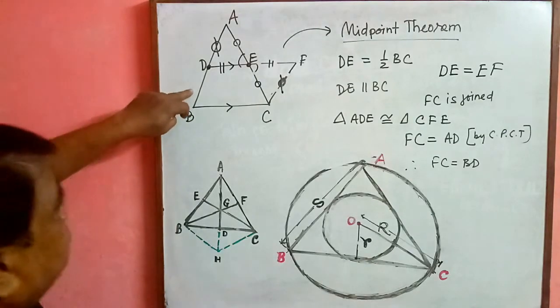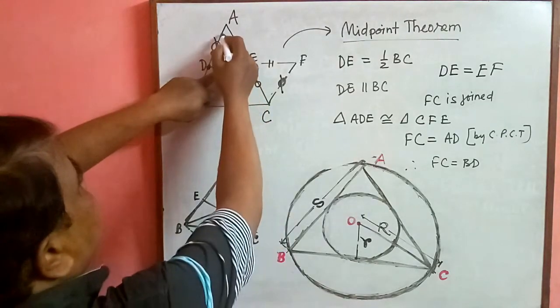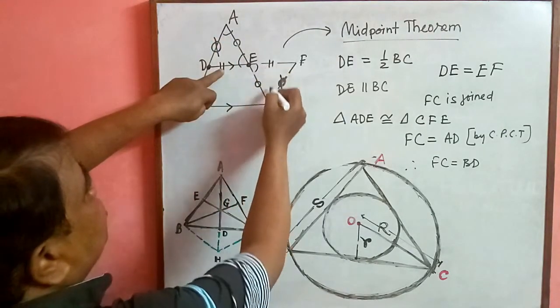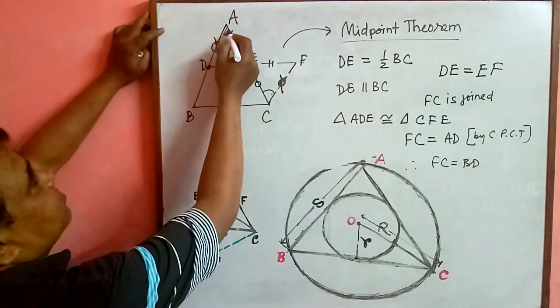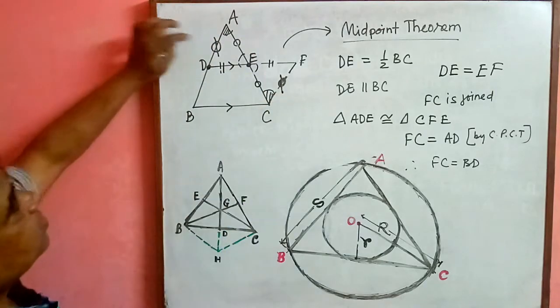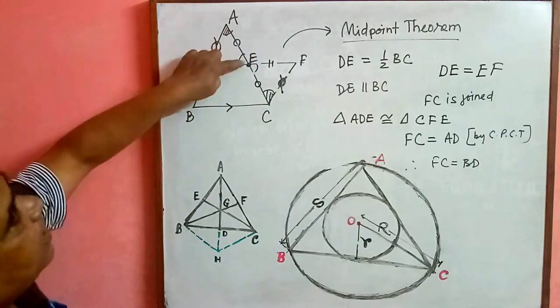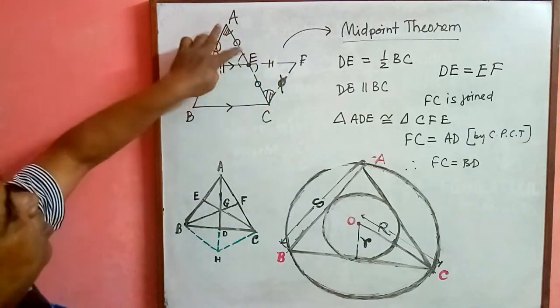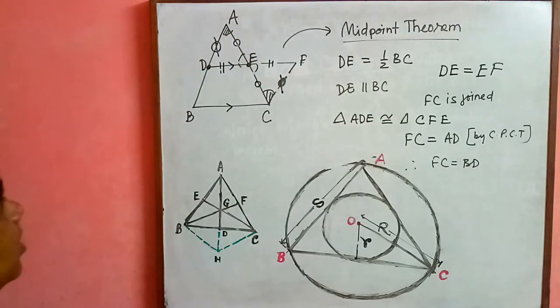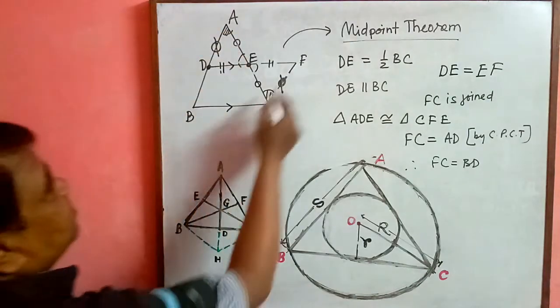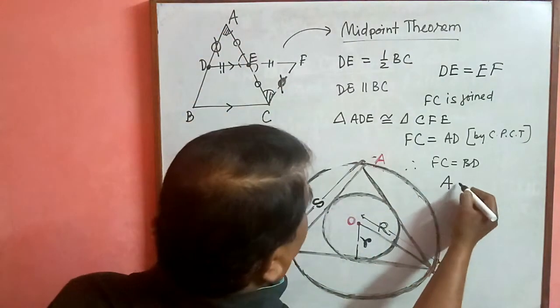Again, by CPCT, the sides opposite to these angles are equal, so these two angles are equal. But you see, angle DAE and angle ECF are alternate interior angles. So AB is parallel to FC.